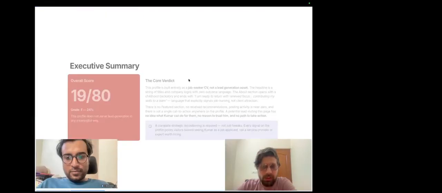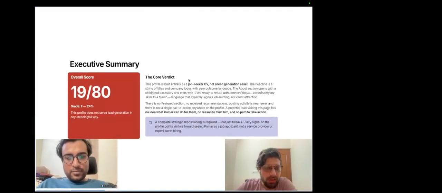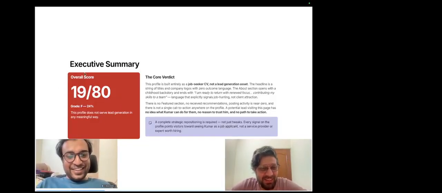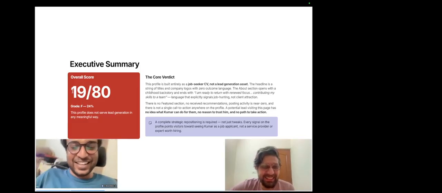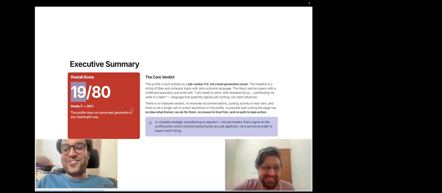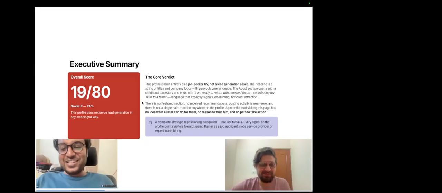Let's just move ahead. Oh man. Have you ever got an F in your college or school ever? No, not in school, not in college, and not in the job as well. 24%, 19 out of 80.